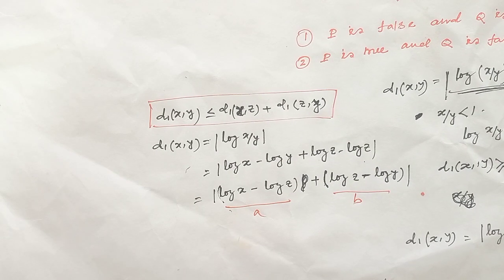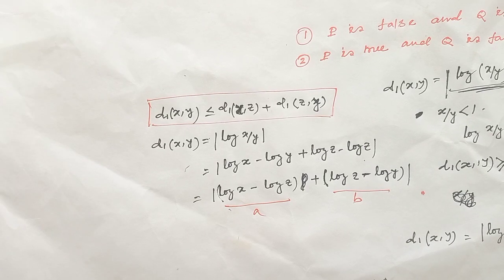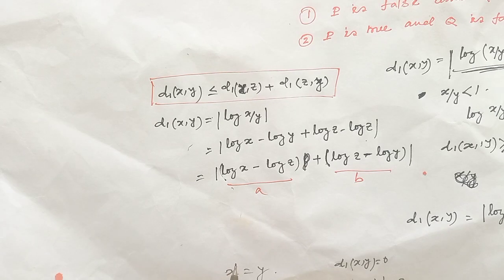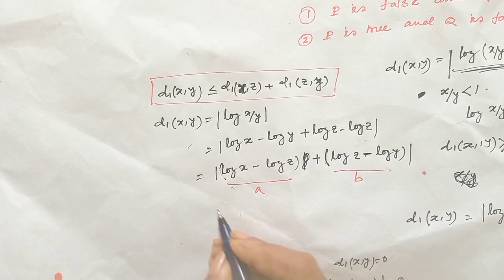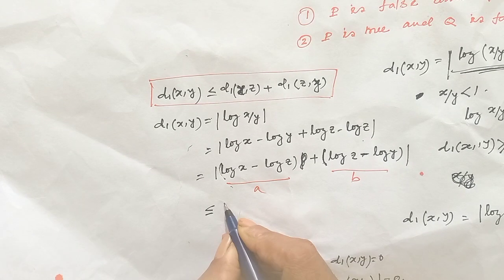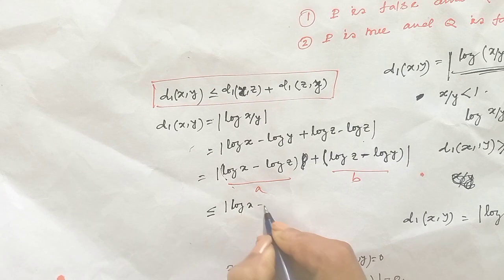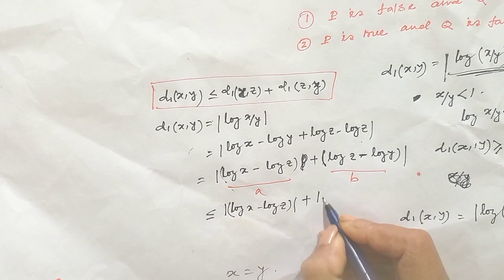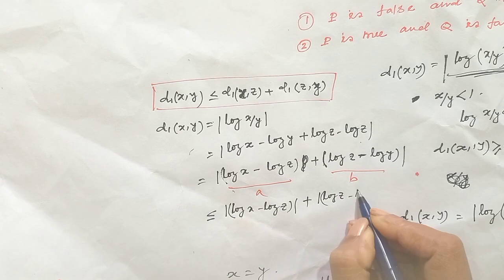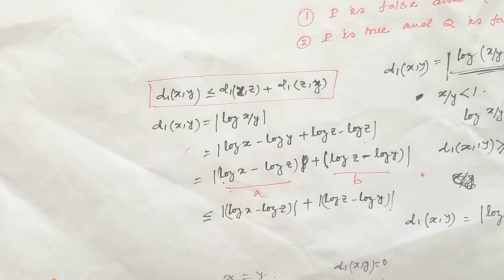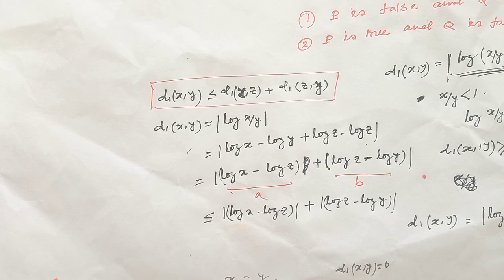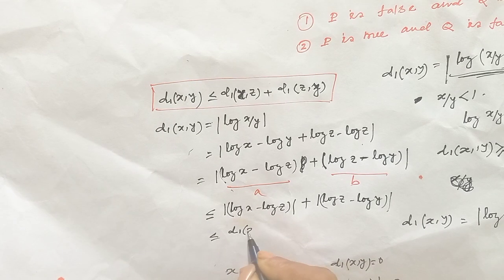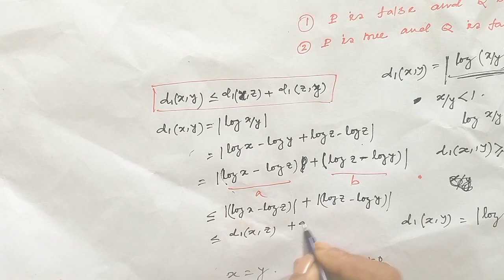That means the absolute value of a + b, and by the triangle inequality we all know |a + b| ≤ |a| + |b|. That means this is less than or equal to |log x - log z| + |log z - log y|. Okay? Therefore this means d1(x,z) and this means d1(z,y).